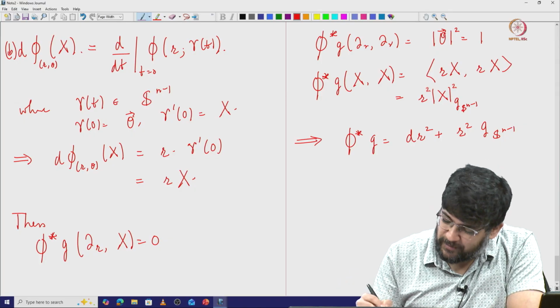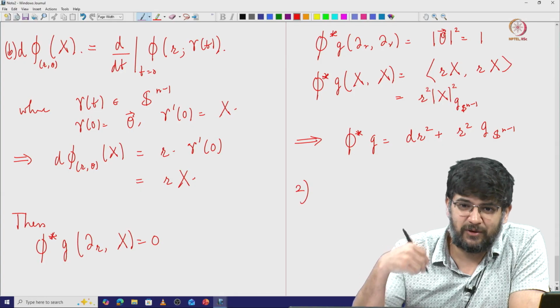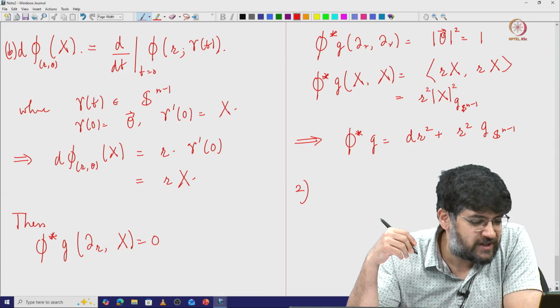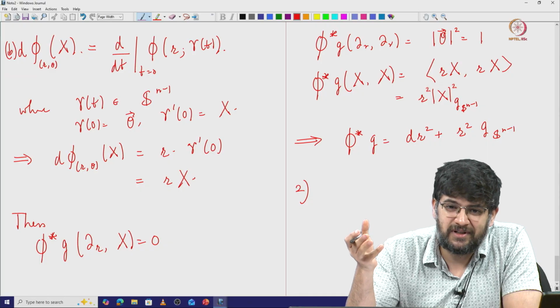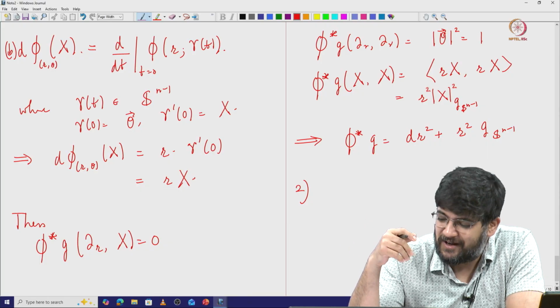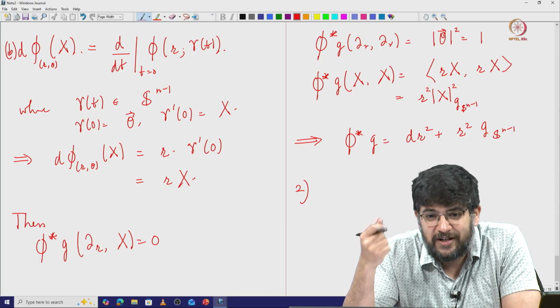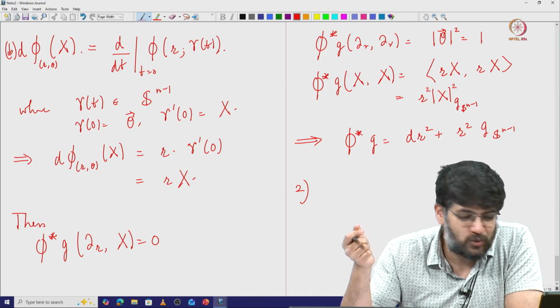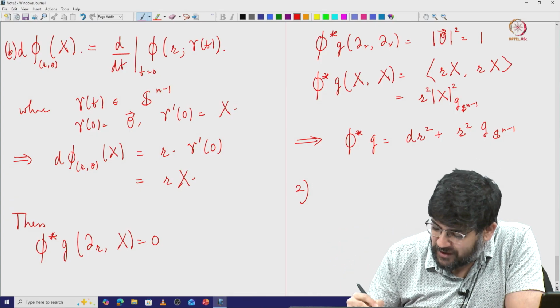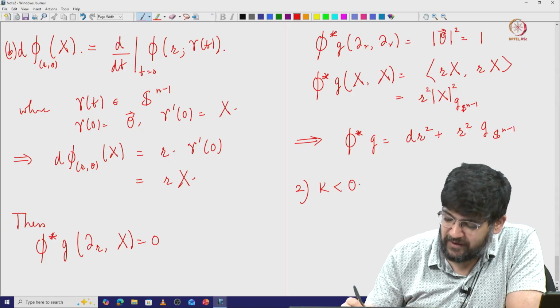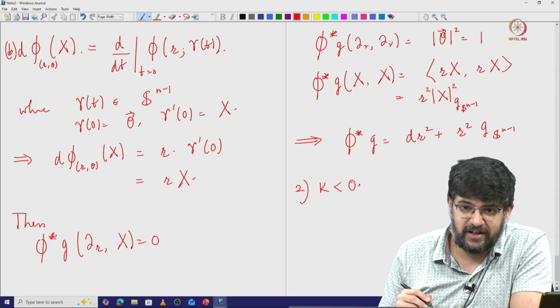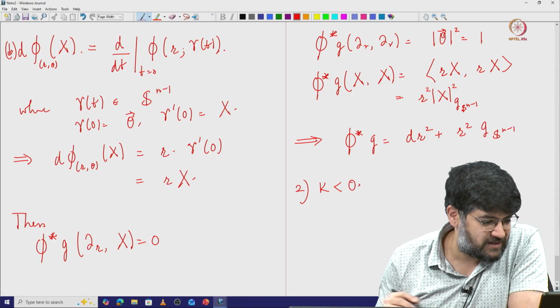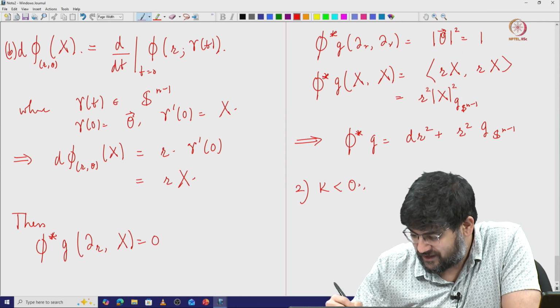Now for the model spaces with positive and negative curvature, it all boils down to the simple observation that in either of those cases the metrics are actually conformal to the Euclidean metric. Okay, so let me work out the negative curvature case, and then I will leave the positive curvature case as an exercise.